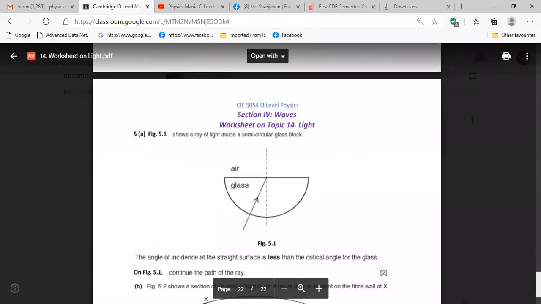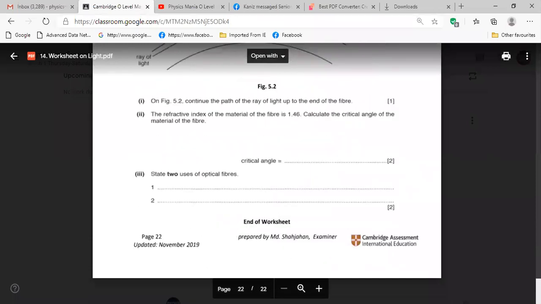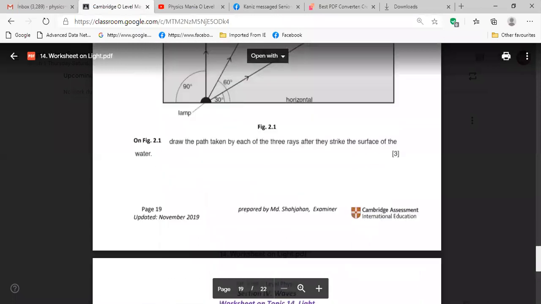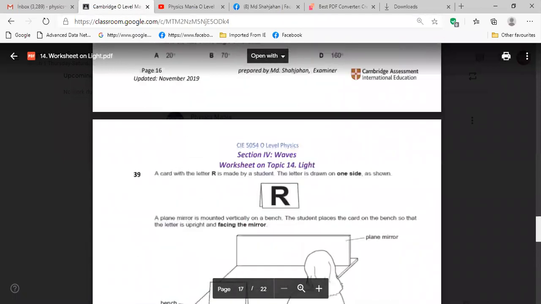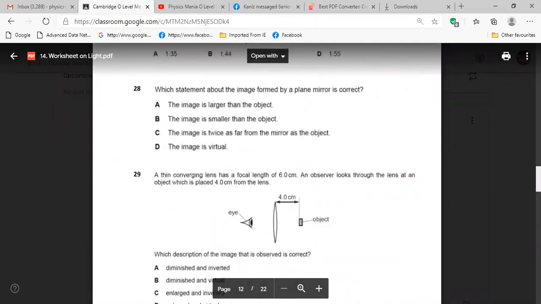When you do all these questions, you will be a confident learner. You can solve any type of questions coming in the exams.